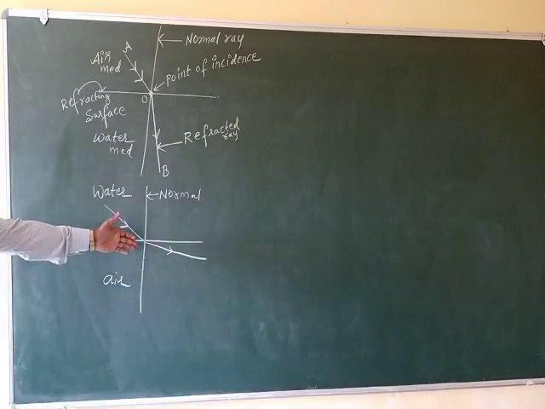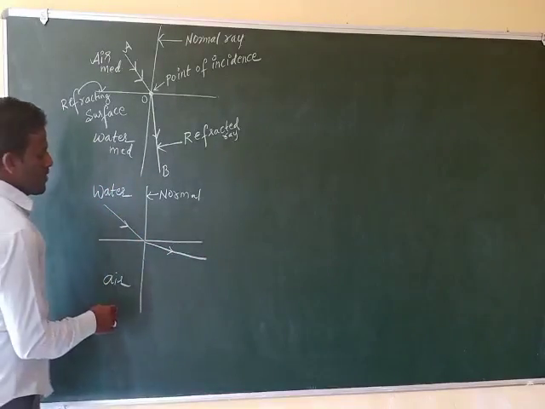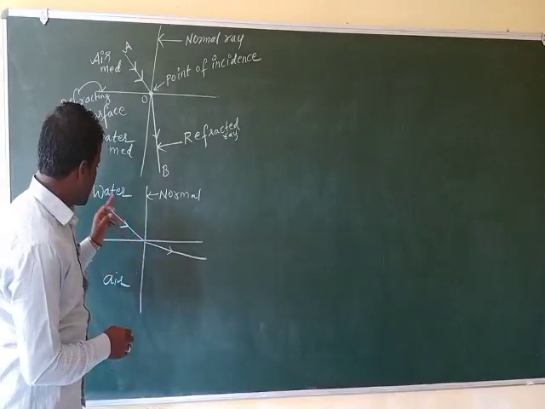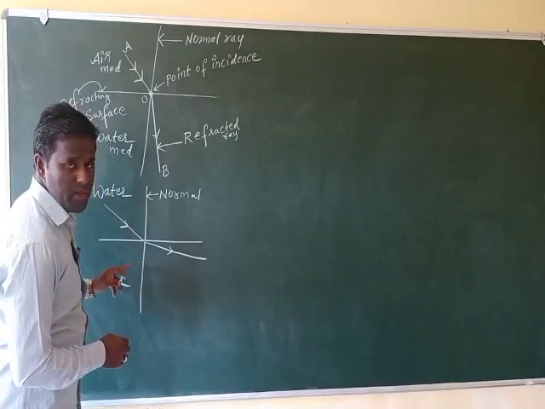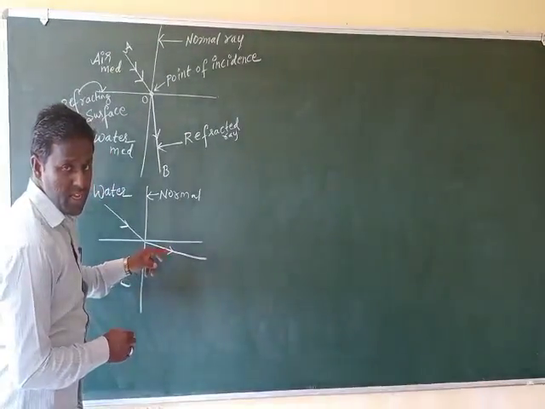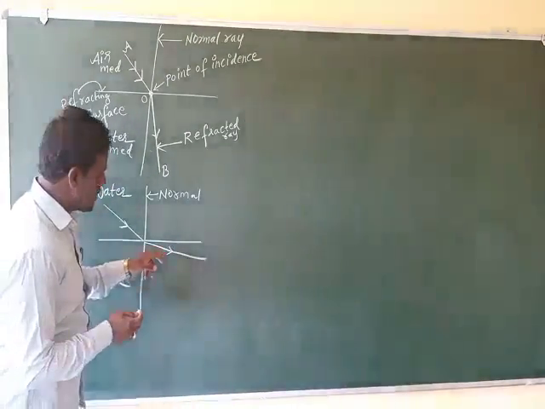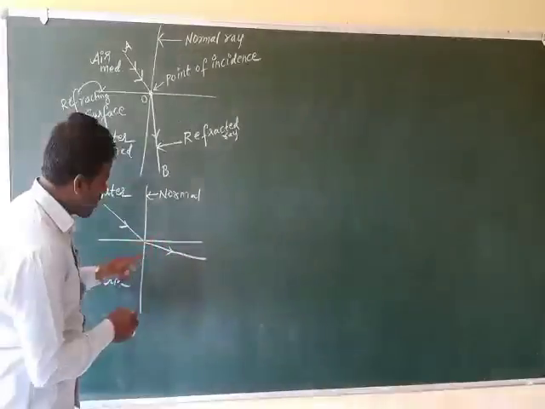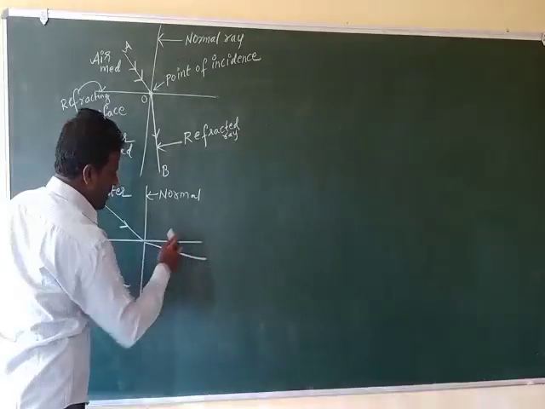Here it bends away from the normal, which means the speed of light increases when it travels from water to air. So to indicate that increased speed, it is indicated by this ray. So it bends away from the normal.